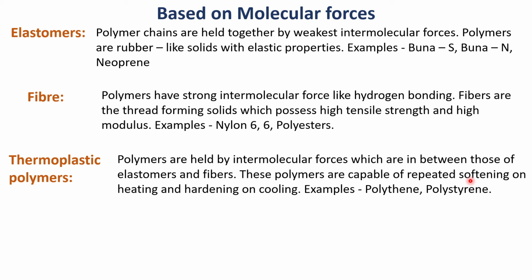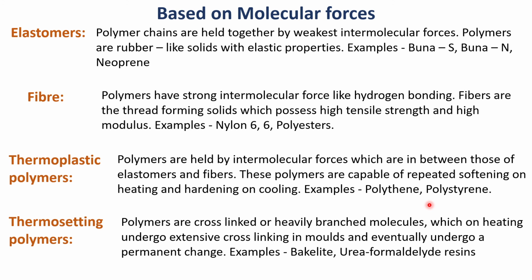Basically, polythene is heated, and while it is heated, it is converted into a black slurry, the black tar. So when heated, it is liquidy, and when you let that black stuff cool down, it gets hardened again. Examples include polythene and polystyrene.